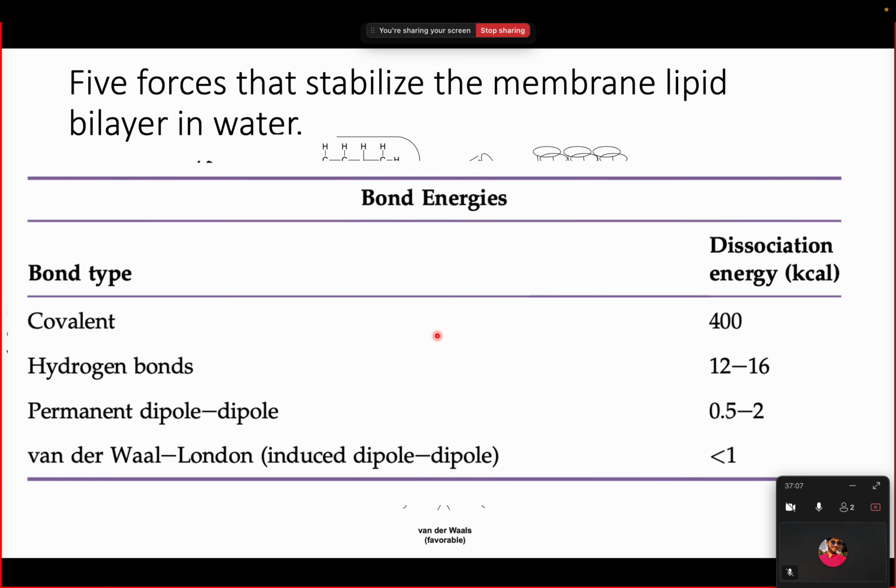As I was saying, though a covalent bond has more energy, if we compare the number of covalent bonds with the number of non-covalent interactions, the latter overpowers. Hence most of the macrostructures in biology are stabilized by non-covalent interactions.